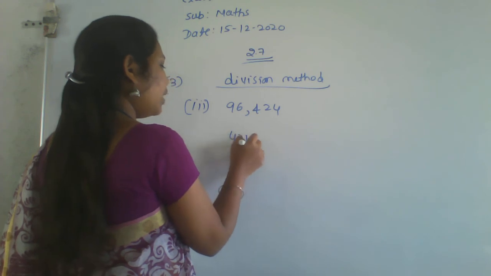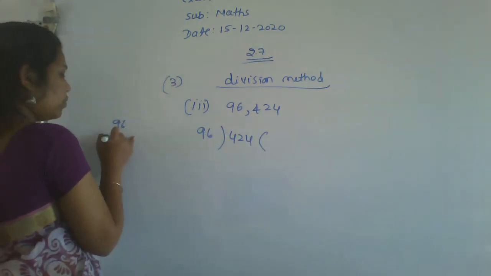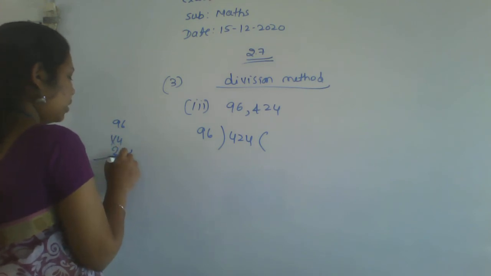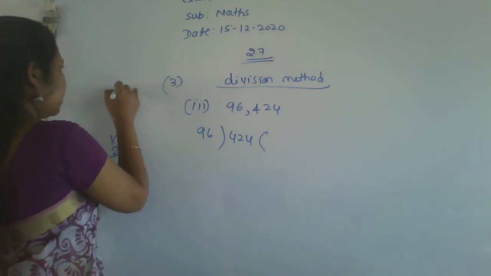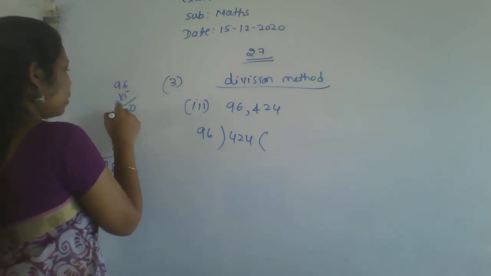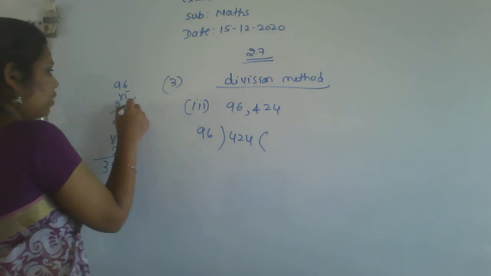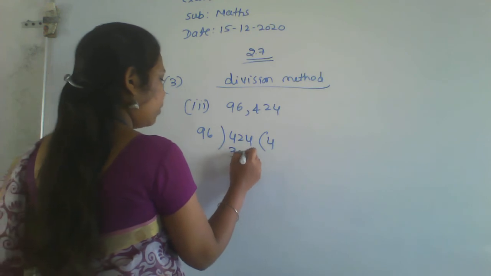Now divide 424 by 96. 96 4s are 384. We can't take 5, so take 4 only, that is 384. 424 minus 384 is 40.